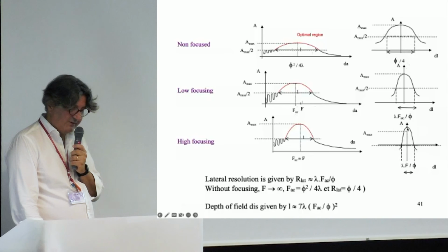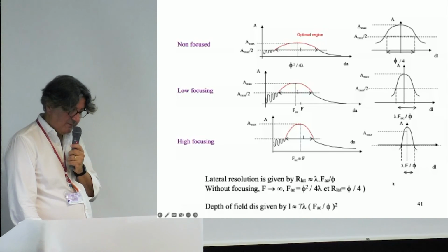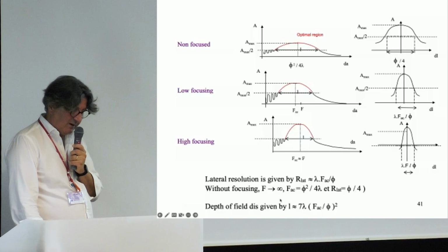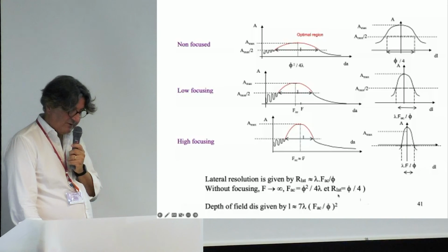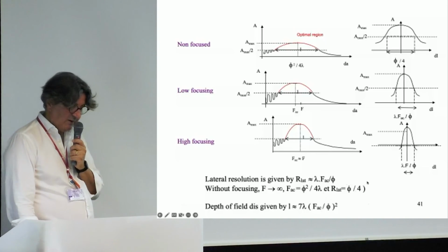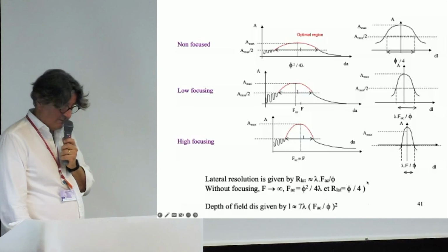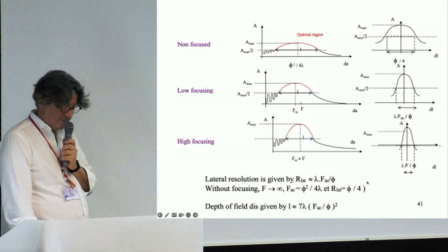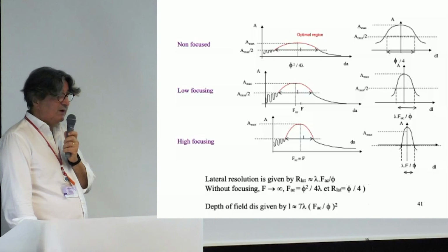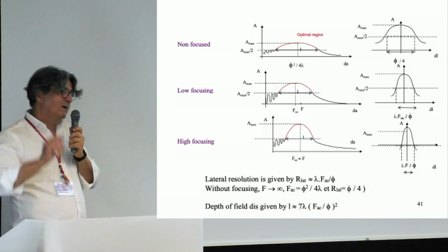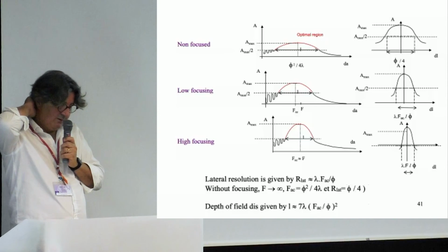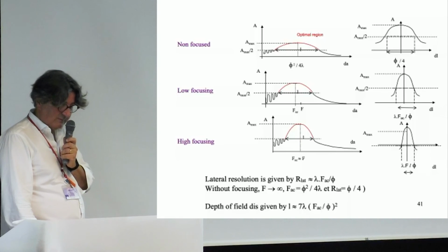And here you have the acoustic focusing that appears. Here are some formulas that give the depth of field, the acoustic focusing, and the lateral resolution in your systems. Of course, the higher your focusing, the better your resolution.